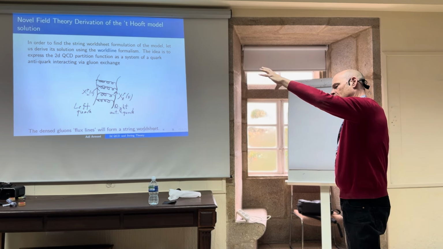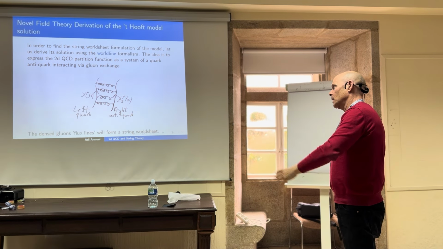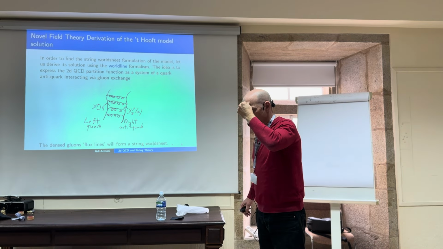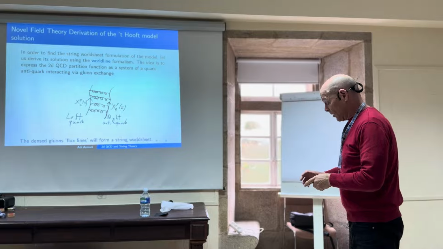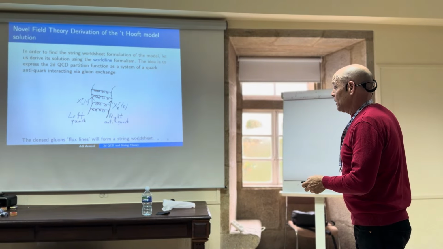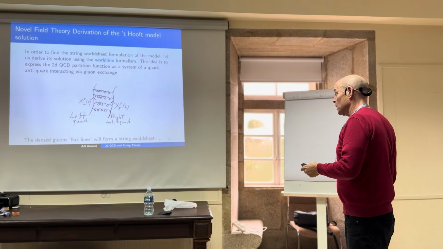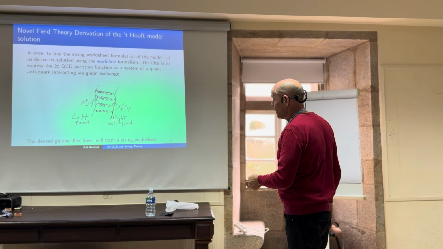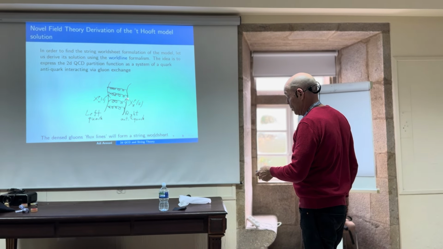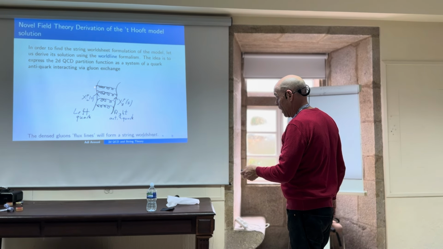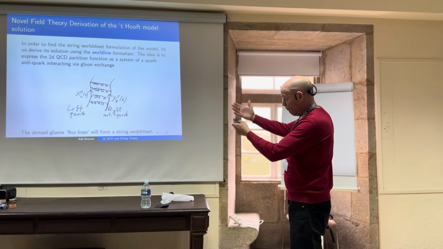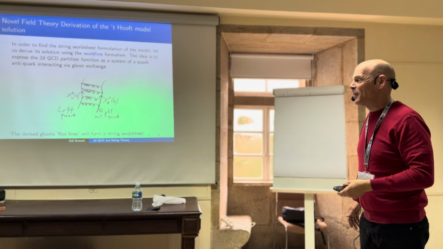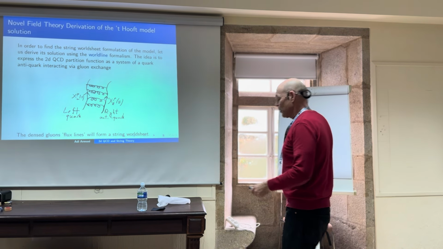What we want is to take standard field theory and rederive the solution of the model using the worldline formalism. Let me sketch the idea. What we'll have is, let's say, a left quark and a right anti-quark. They exchange gluons. That's the worldline description. I will show, of course, the equations, the formalism. This is just a picture.